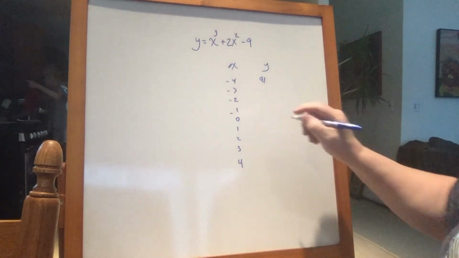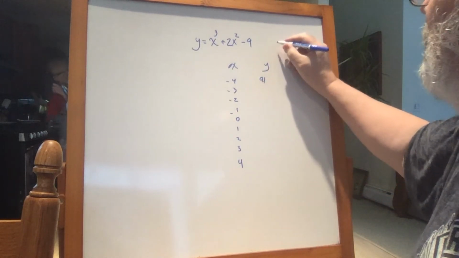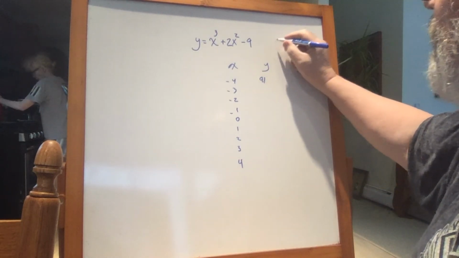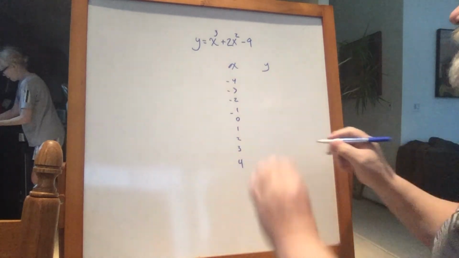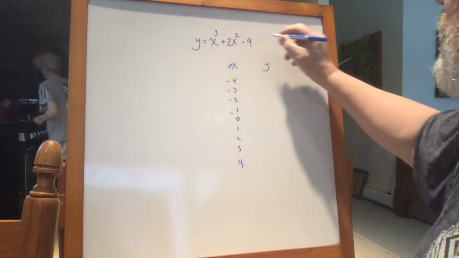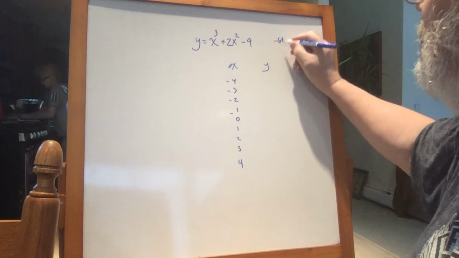Okay, now minus 3. Well, what did I do? That should be negative. Minus 4, that's minus 64.